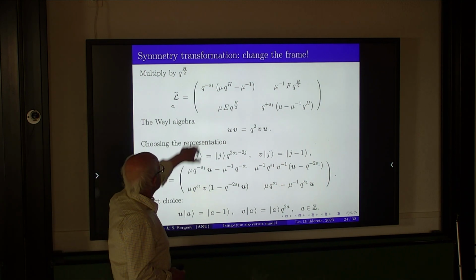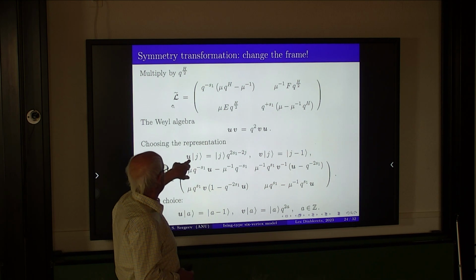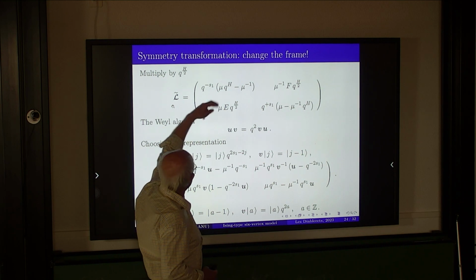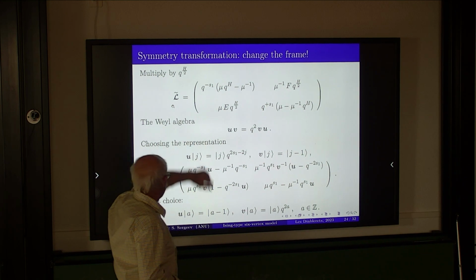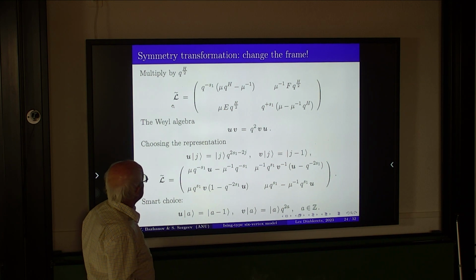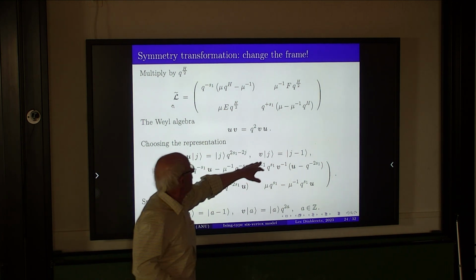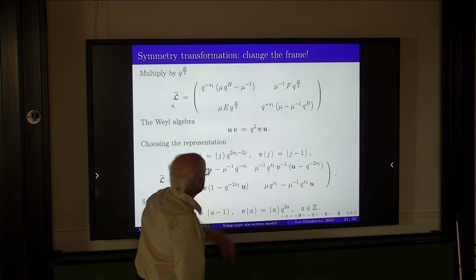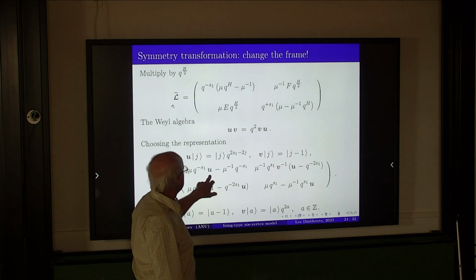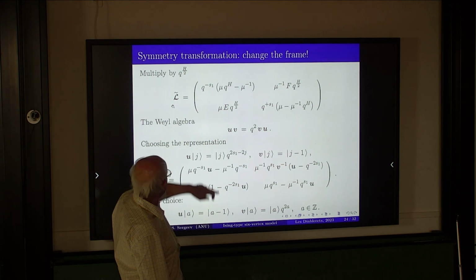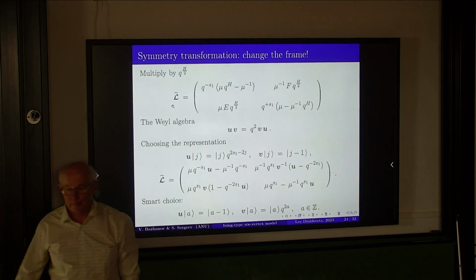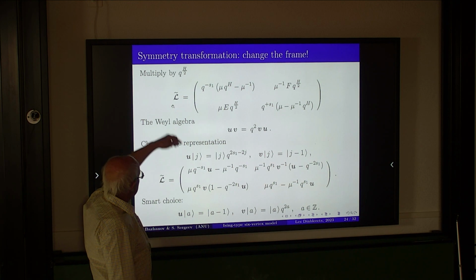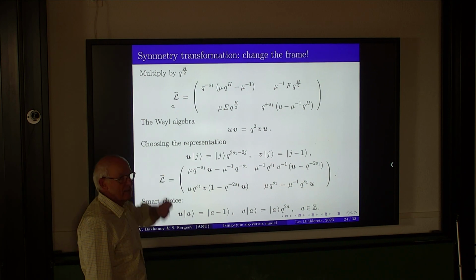That's the previous formula that we used. U is the Cartan element, q to the h is diagonal, and v, which appears here, is F. It's the same formula rewritten with these notations.